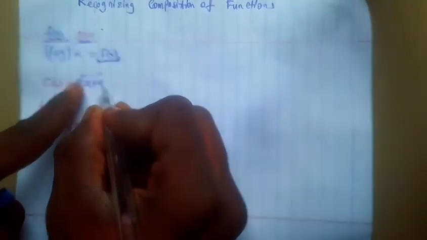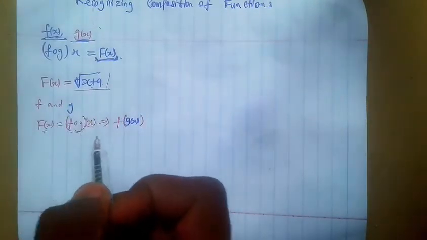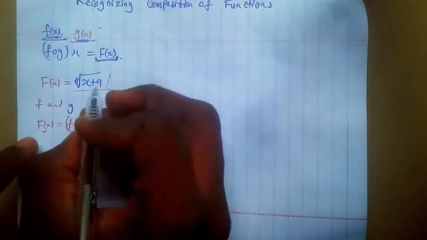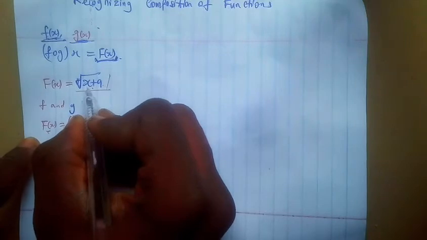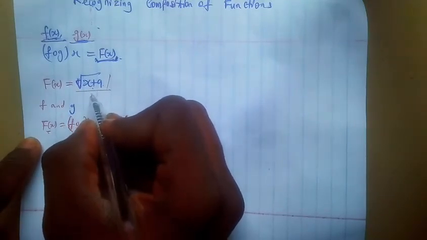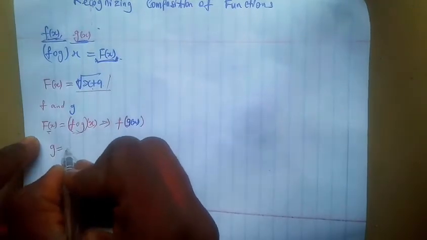So let's try to decompose this function now. Having that the capital F of x is equal to the 4th root of x plus 9, what do we say about this? Observe in the radicand that 9 was added to x, right? So we say that g is equal to x plus 9.